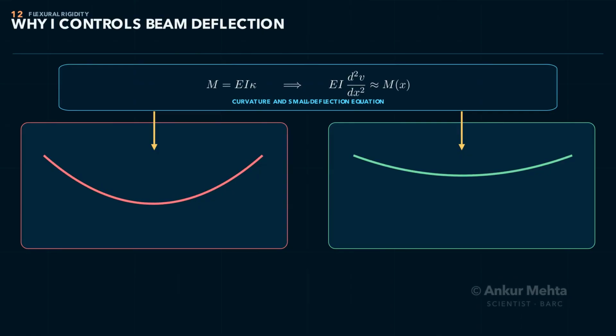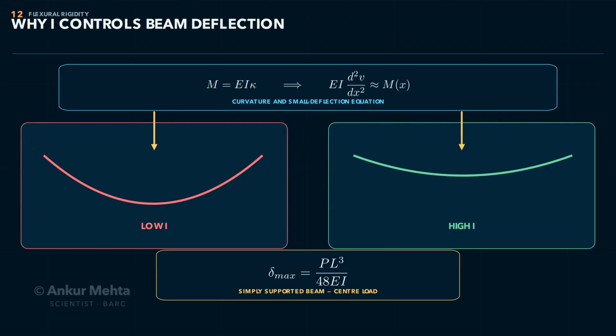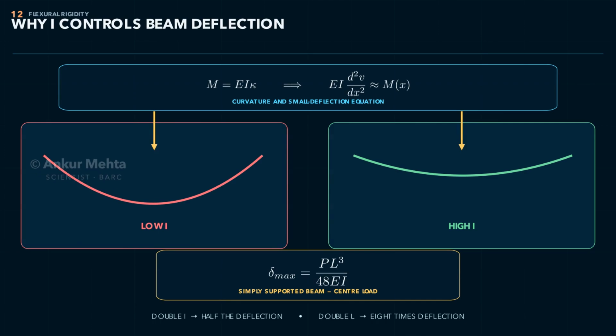Changing steel grade changes E only modestly, but changing section depth can change I dramatically. For a simply supported beam with a central point load, maximum deflection is PL cubed over 48EI. Doubling I halves the deflection; doubling span increases deflection by a factor of 8. This is why serviceability design often depends strongly on section geometry, even when the material stress is safely below yield.